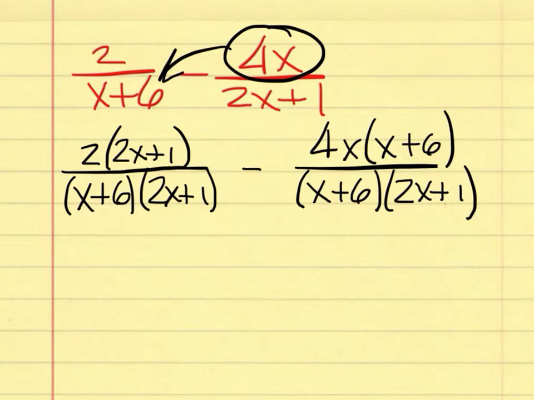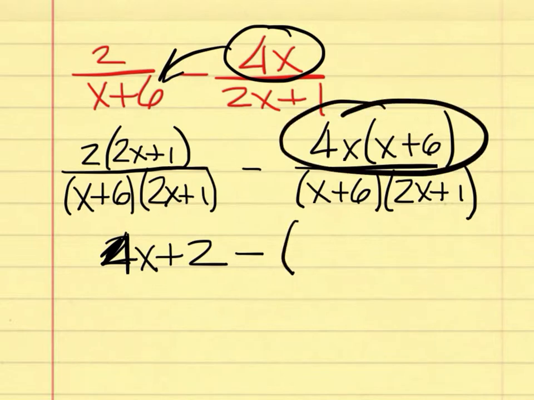Okay, let's simplify the top to get 2, or not 2. Can't erase now, I'm committed to that horrible mess. 4x plus 2, there we go. And then minus, remember you're subtracting the whole quantity of this. So it's going to be 4x squared plus 24x.